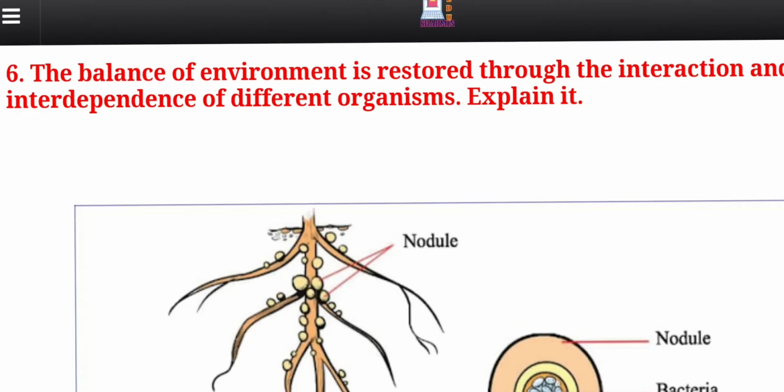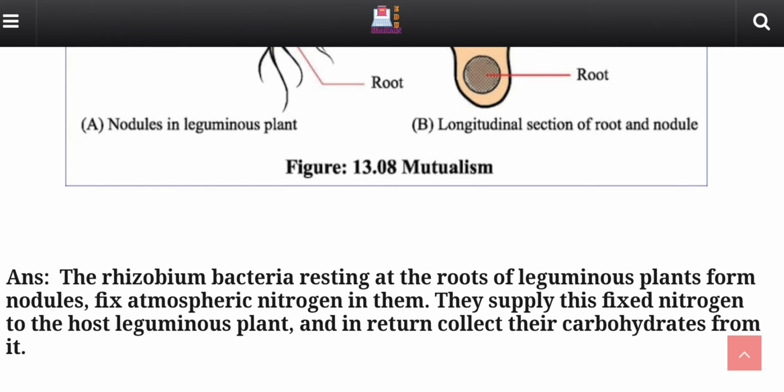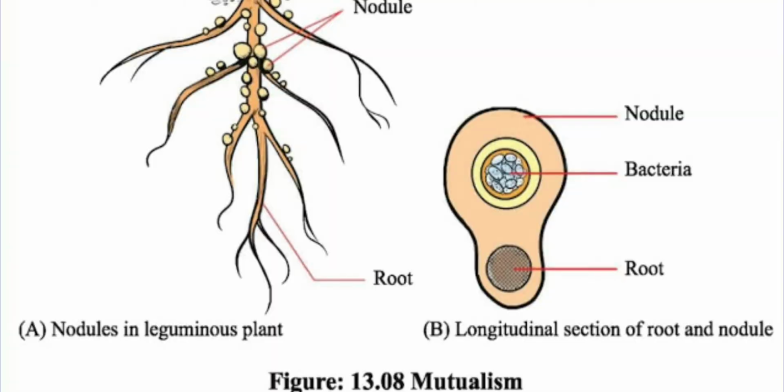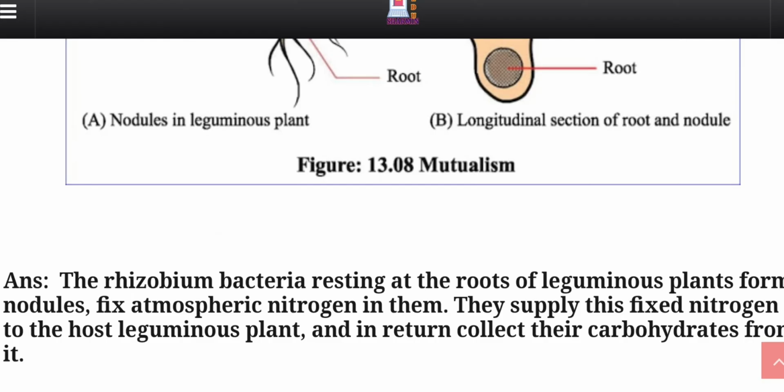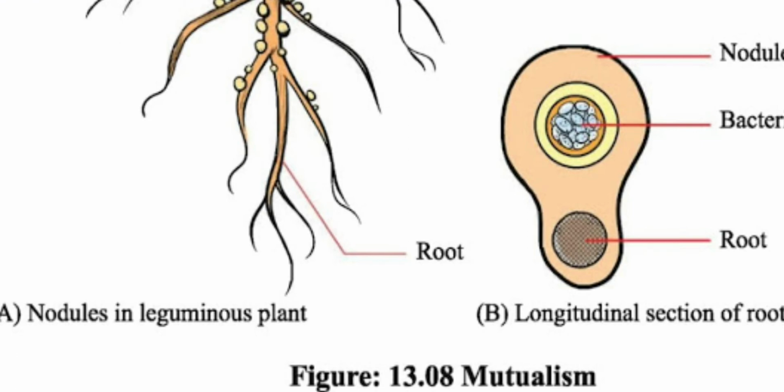Whenever the rhizobium bacteria, resting at the roots of leguminous plants, form nodules and fix atmospheric nitrogen in them, they supply this fixed nitrogen to the host leguminous plant and in return collect carbohydrates from it. So this is one organism depending on another organism.